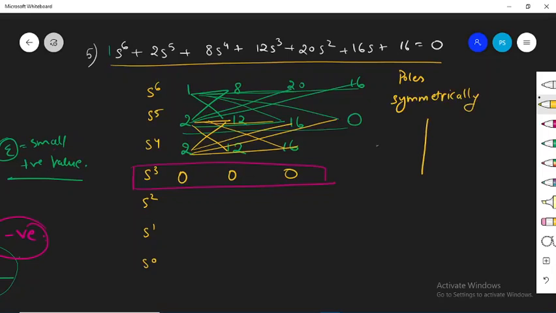Now just observe that if this is the S-plane, sigma and j omega, what I am saying is that if an entire row becomes equal to 0, the poles are symmetrically lying. If the poles are lying symmetrically in the S-plane, they can lie along the y-axis also, or along the x-axis also.